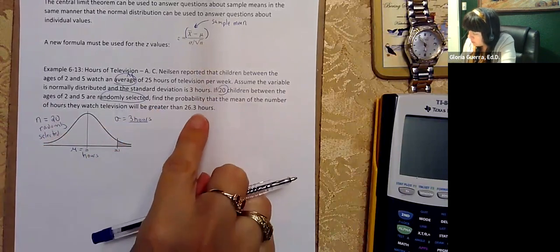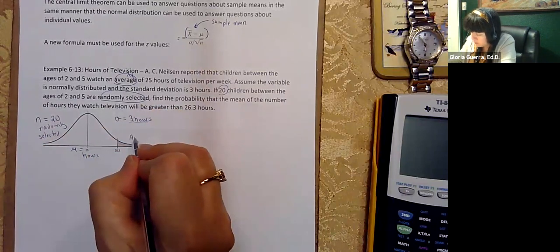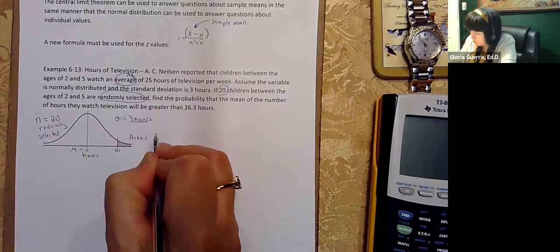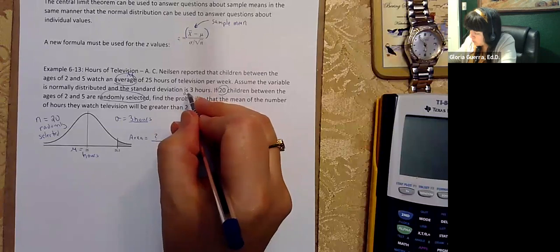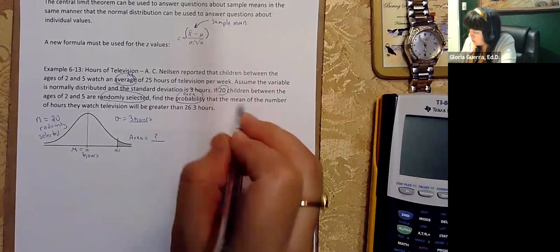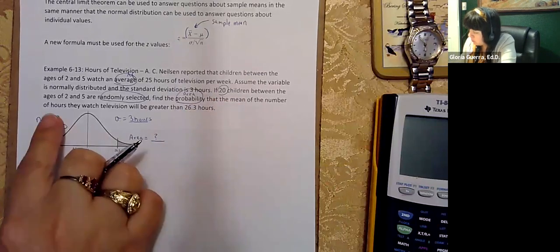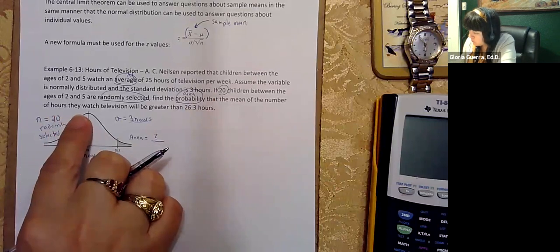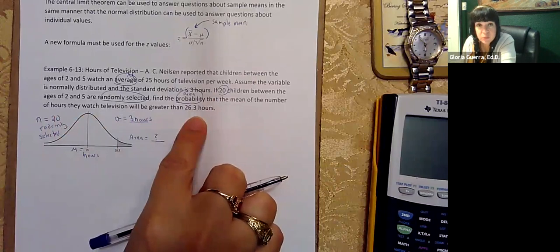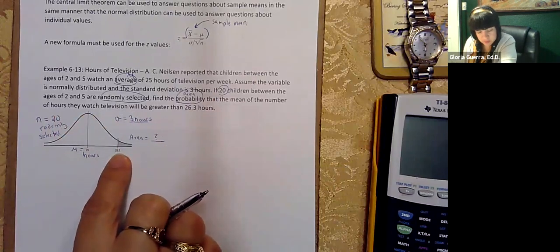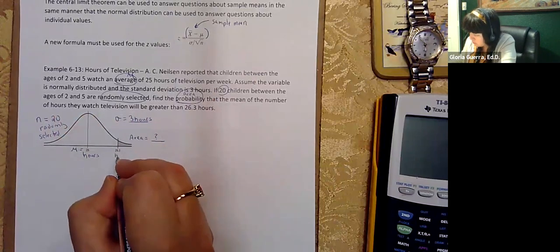Find the probability, so that's the area. Probability is area. Find the probability that the mean of the number of hours they watch television will be greater than 26.3. So here's the 26.3, and this is in hours.